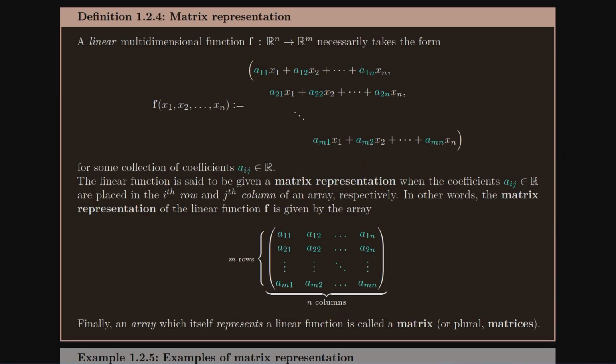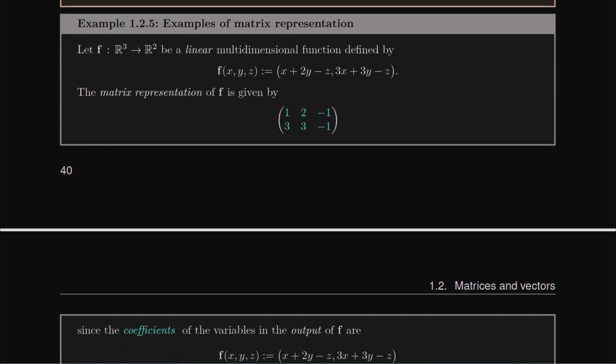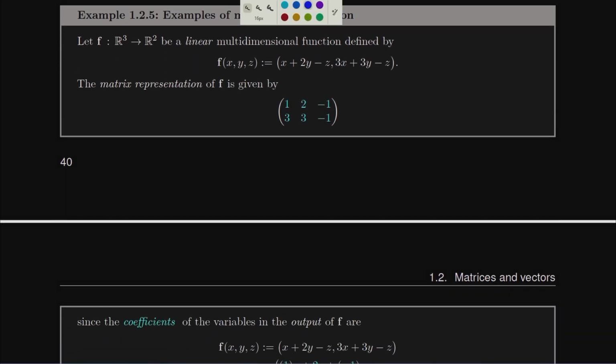And so how do we actually perform matrix representation? Well, what I have here is a linear function f. It has three inputs, x, y, and z, and it's got two outputs, x plus 2y minus z, 3x plus 3y minus z. How do I construct a matrix representation of my linear map? I'm just going to look at the coefficients, which are 1, 2, -1, and 3, 3, -1, and I'm going to directly translate those coefficients from the first output into the first row.